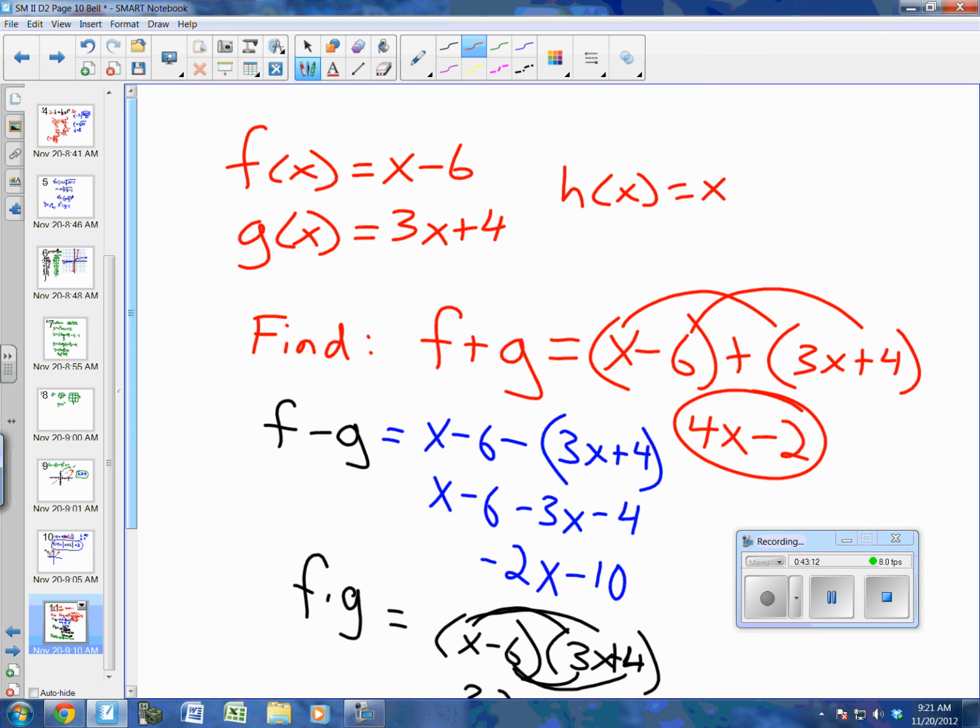h of x is equal to x. Now I want you to do this. Right up here, I want you to find f composed of g composed of h of x.